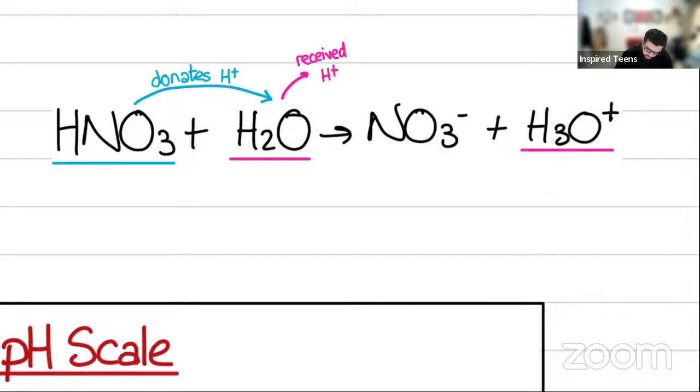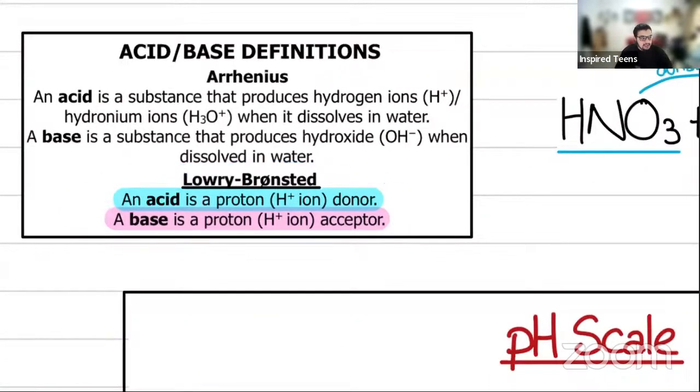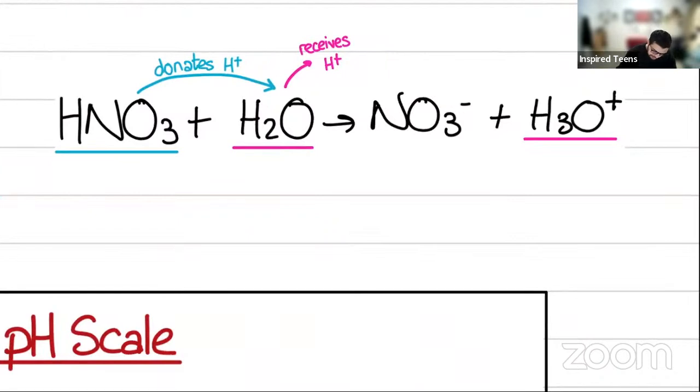According to Lowry-Bronsted theory, an acid is a proton donor while a base is a proton acceptor. So the one that donates is called the acid, and the one that receives is called the base.